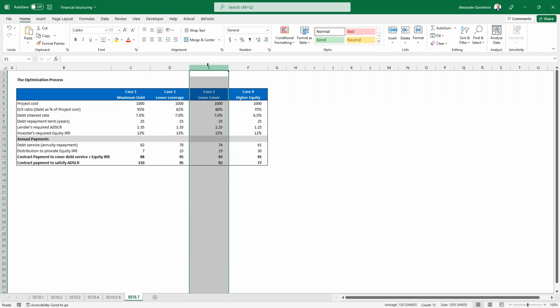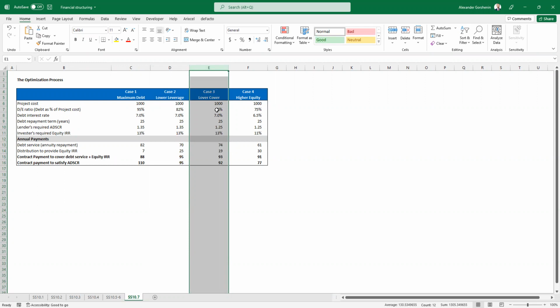Case 3 assumes that the lenders are willing to reduce their ADCR to 1.25. This also enables the lenders to increase the debt equity ratio to 86.